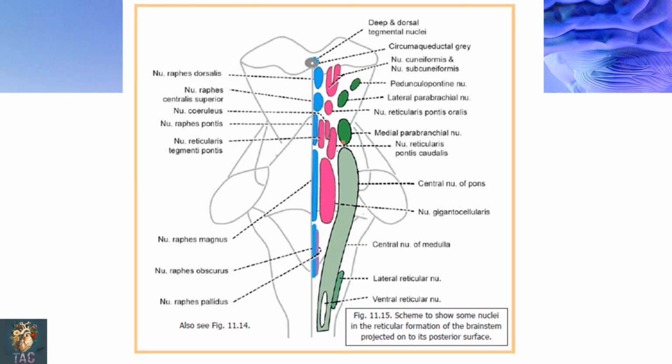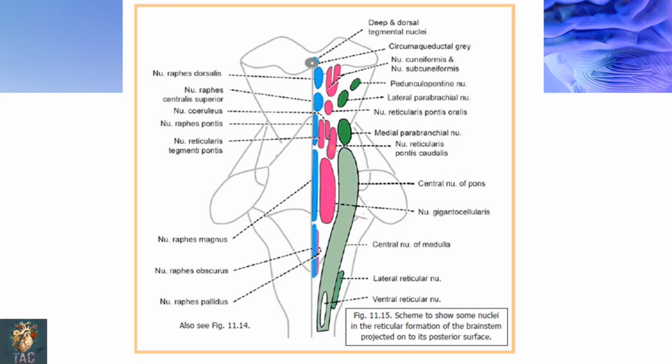Then at the level of the pons, you can see the nucleus reticularis tegmenti, or also called the central tegmental tract, and this is the nucleus reticularis pontis caudalis, or nucleus caudalis of the reticular formation. And here you can also see the nucleus reticularis pontis oralis.